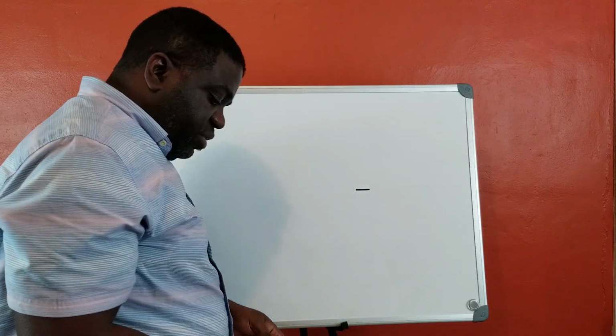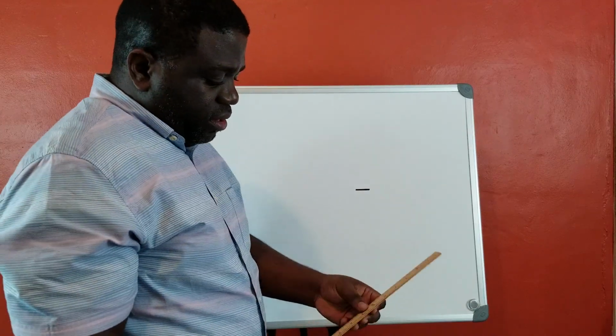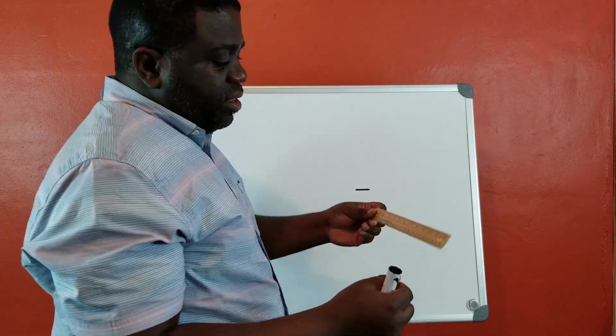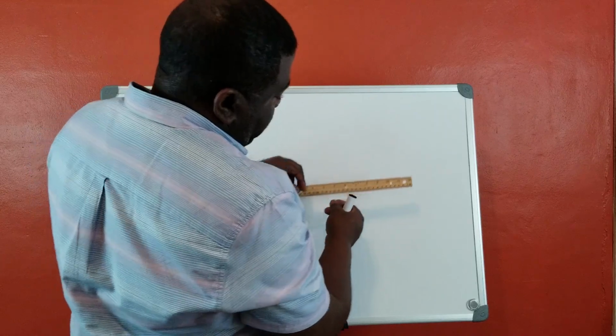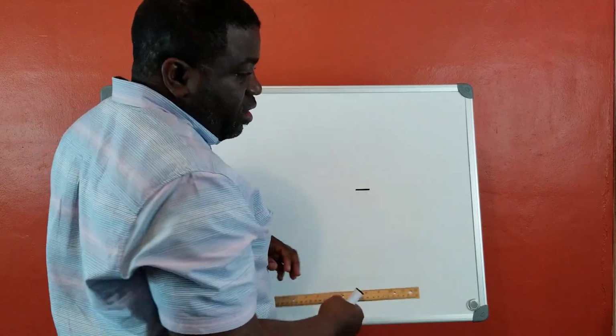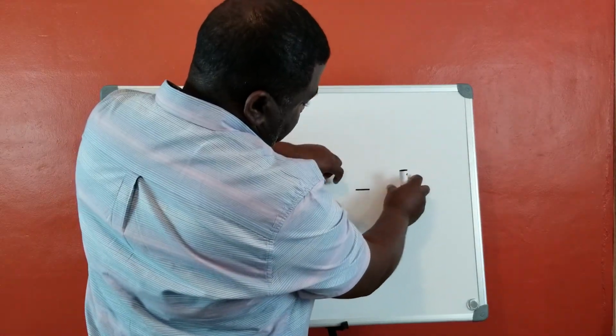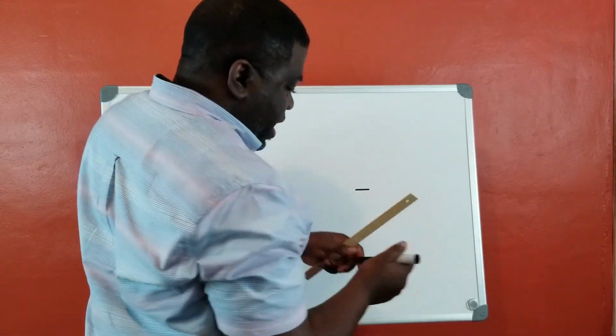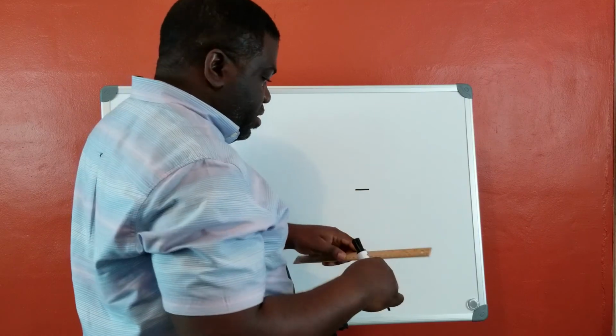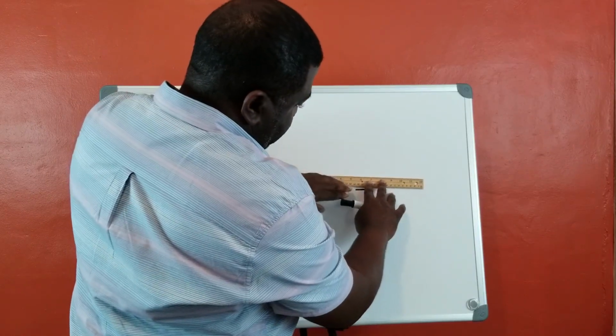So what I'm going to do is use this little ruler here to create our lines on the staff. I'll try to do this the best way I can. Let me pull this thing out first, so I won't be fighting.